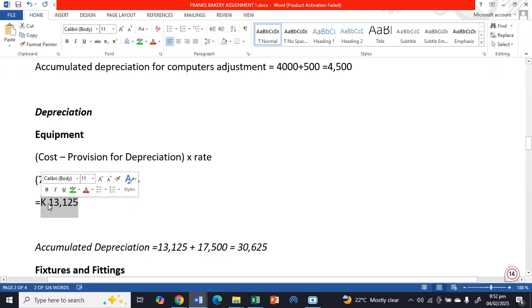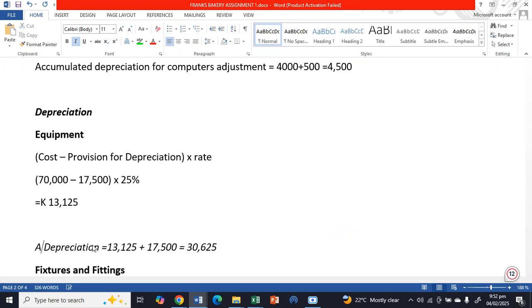Then, as I said, with depreciation, once you've calculated the depreciation charge, you add it to the provision for depreciation. This 17,500, the earlier provision, plus this new amount, 13,125, our provision for depreciation is 30,625.